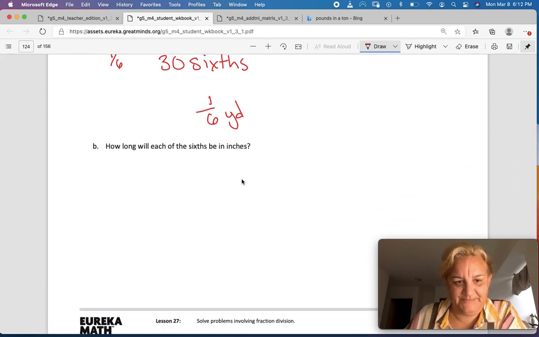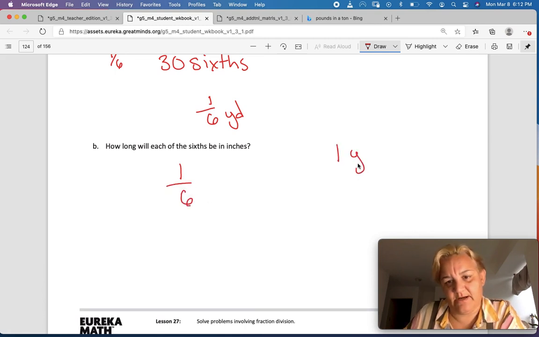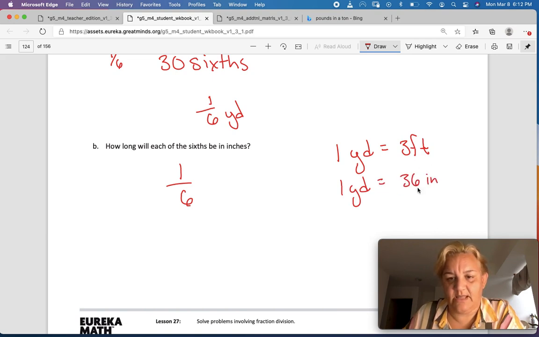So more conversion. 1/6, and you know that 1 yard equals 3 feet. And a foot is 12 inches, so 1 yard equals 36 inches. Okay? All right, how long will each of the sixths be in inches?